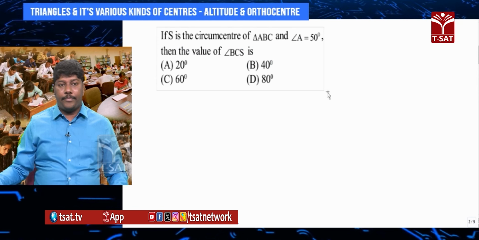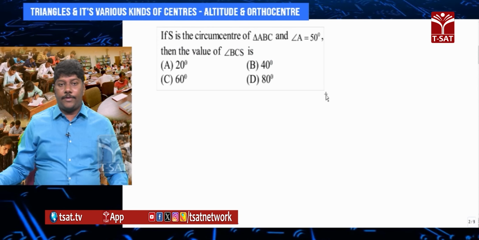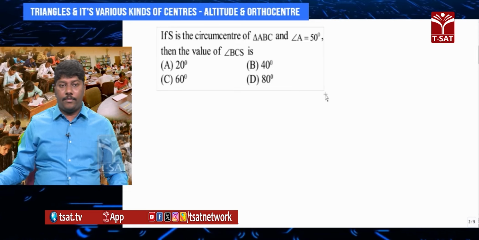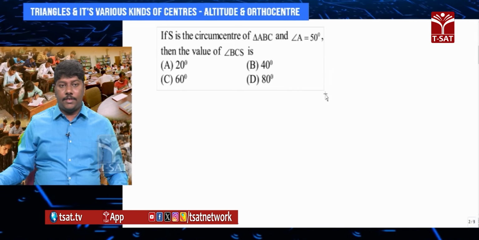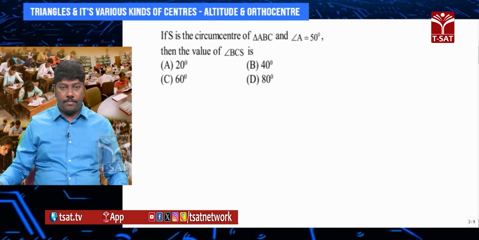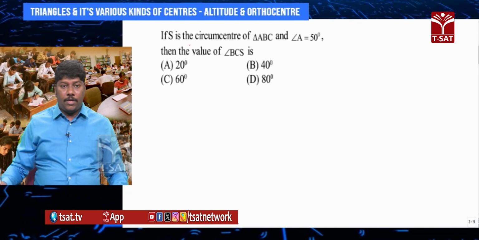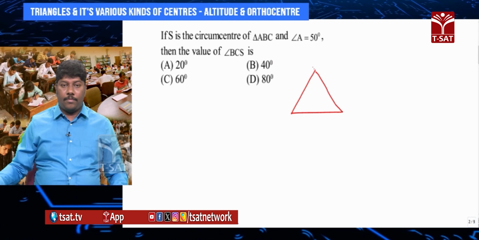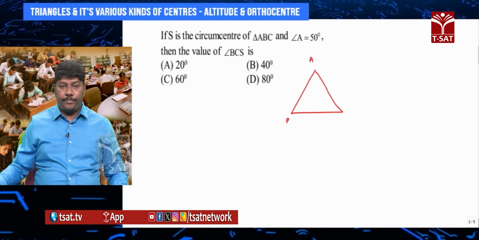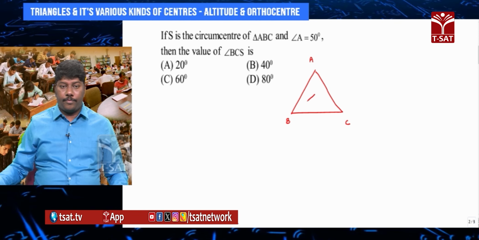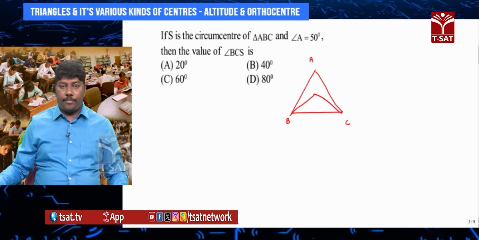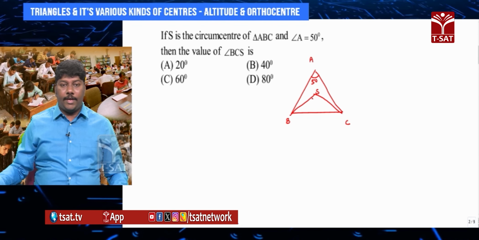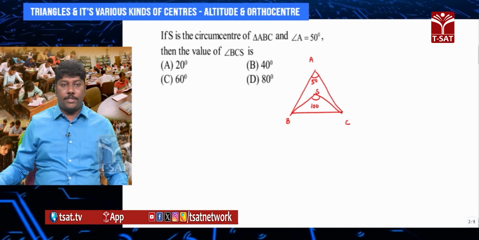See this question here. If S is the circumcenter of triangle ABC and angle A is equal to 50 degrees, then the value of angle BCS is? If A is 50, obviously at the circumcenter it becomes 100 because it is double of it.